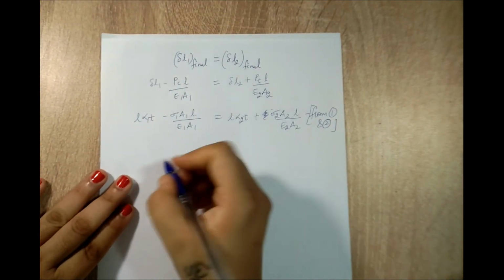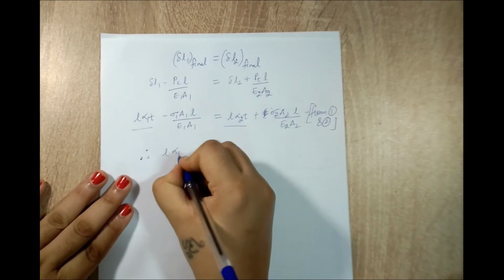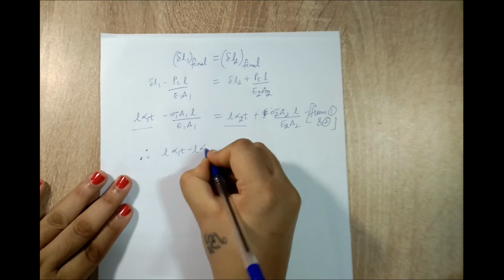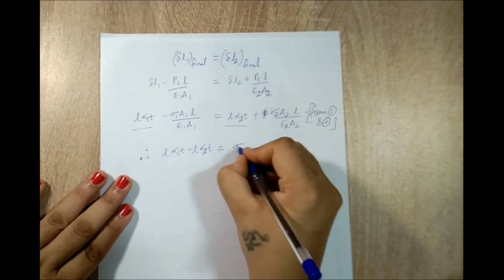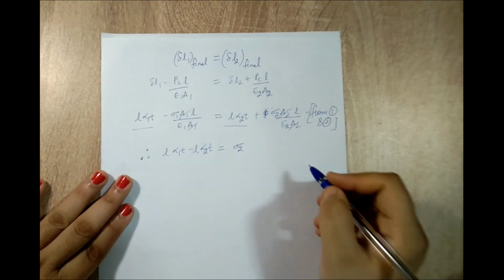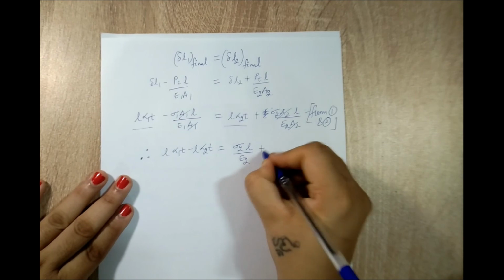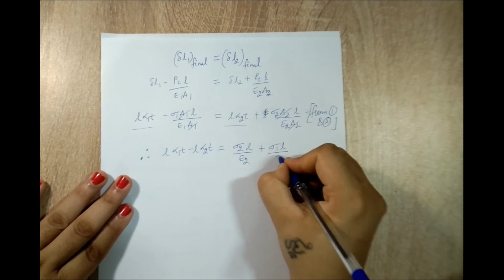Now let's solve this part. Let's take the common terms together. L alpha 1 T minus L alpha 2 T is equal to sigma 2 A2 gets cancelled and A1 gets cancelled. So I get sigma 2 L upon E2 plus sigma 1 L upon E1.